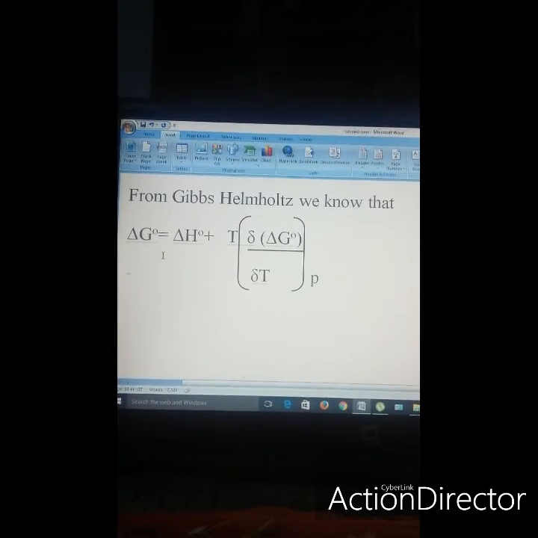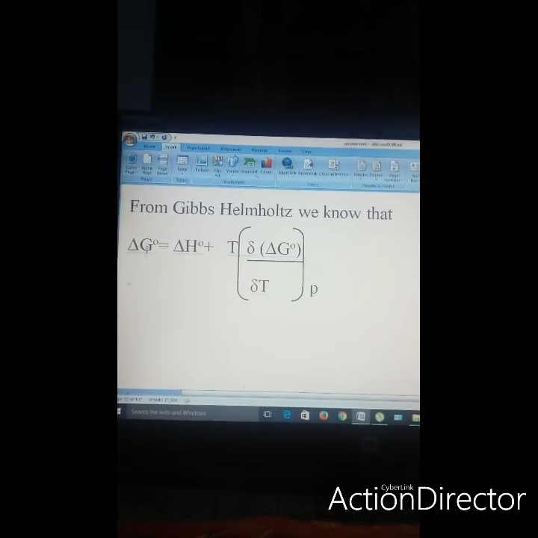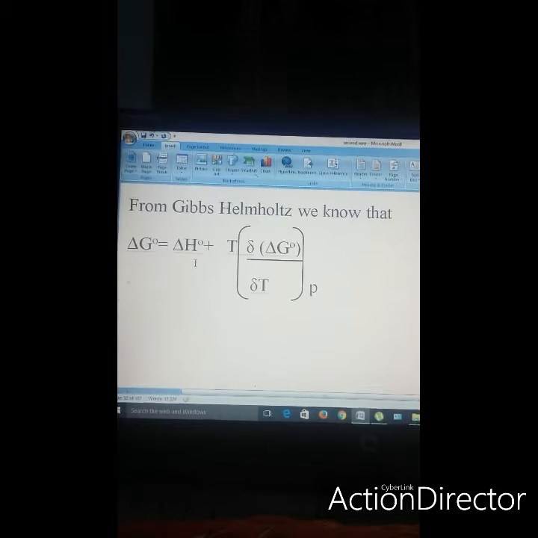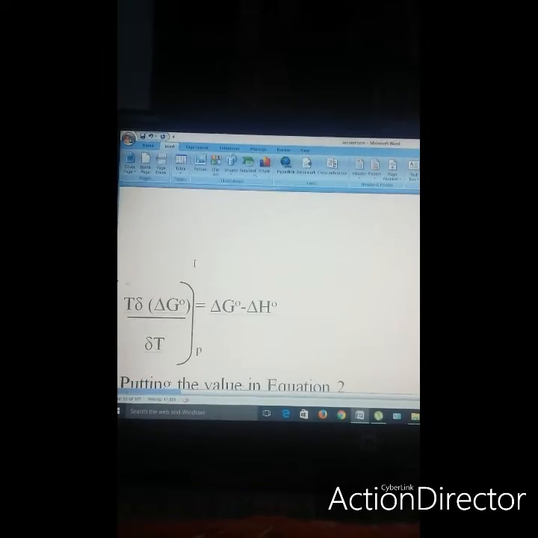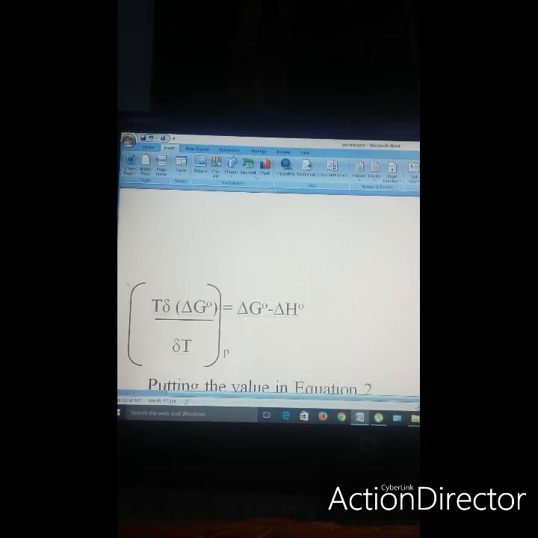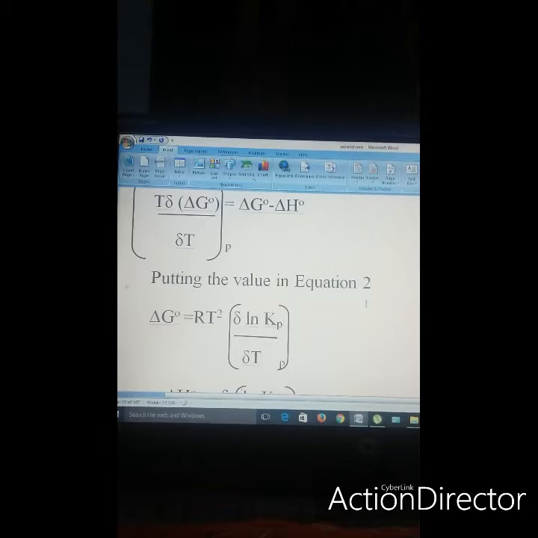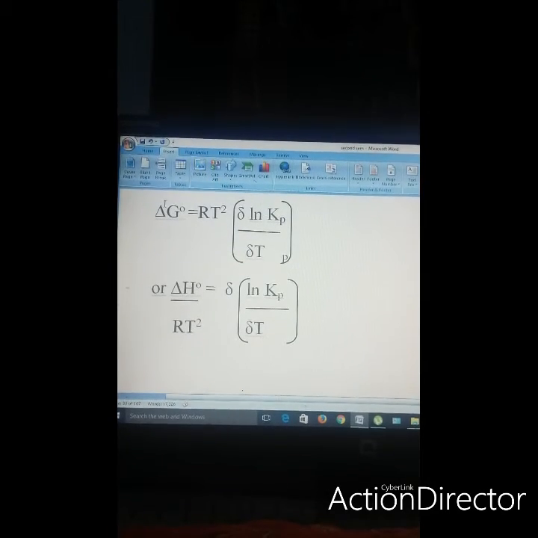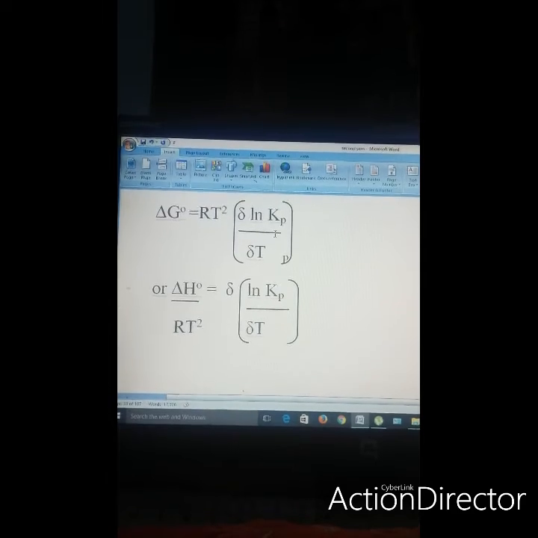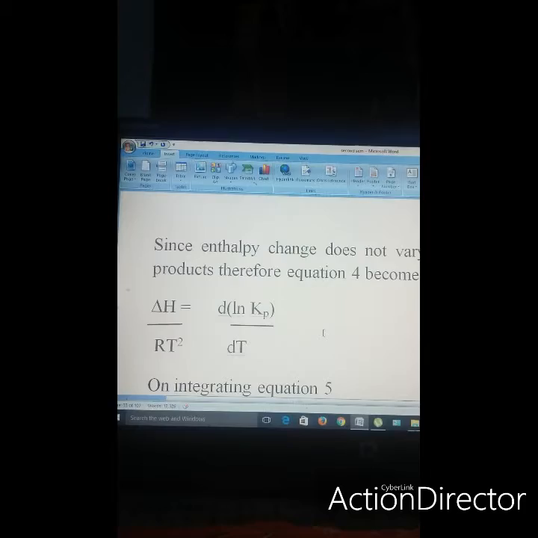But from the Gibbs-Helmholtz equation we know the relationship of how delta G is related to enthalpy. So that equation we have taken, and then we put that equation in. So finally you are getting the value of delta G naught to be equal to this or this one.